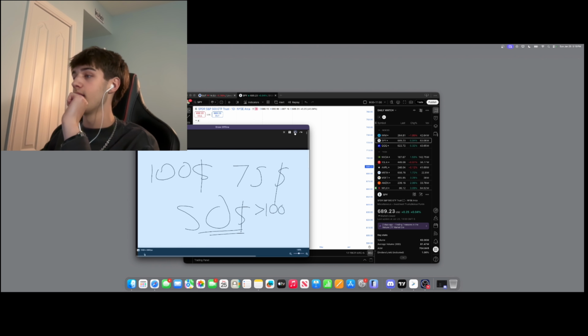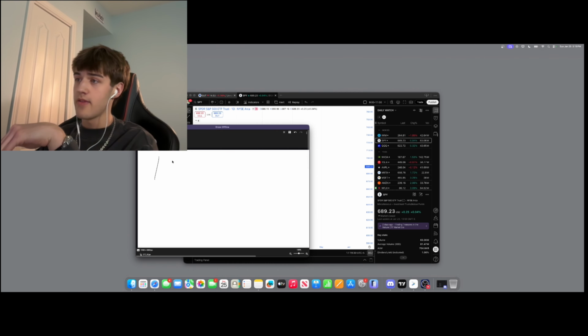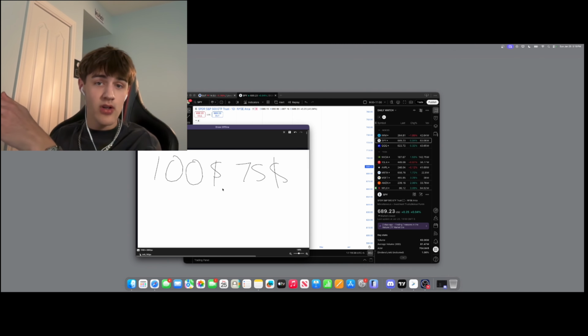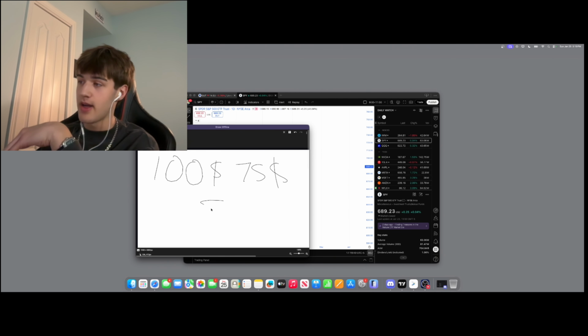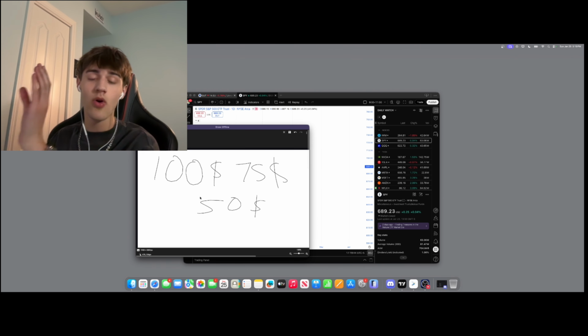With a cash account, if you have $100 once again and you buy a $75 contract, you cannot buy that $50 contract. It will not let you because you only have $100 worth of cash, okay?